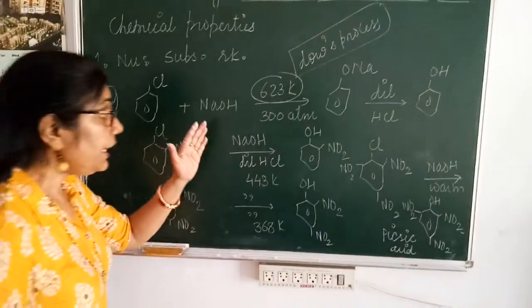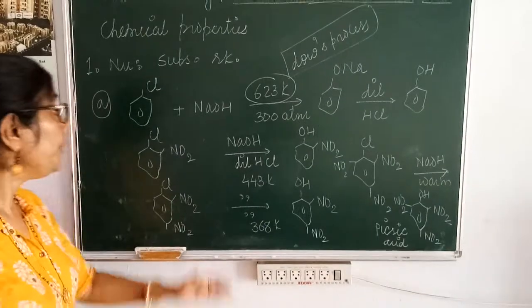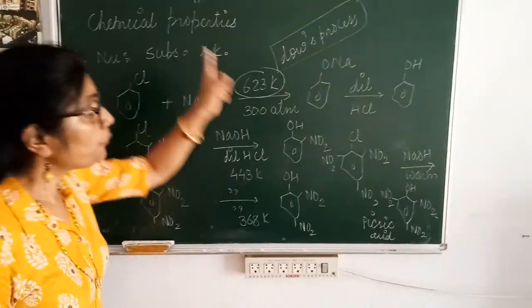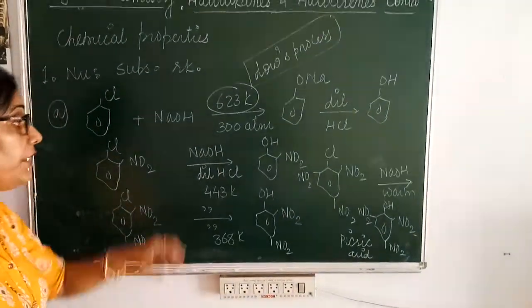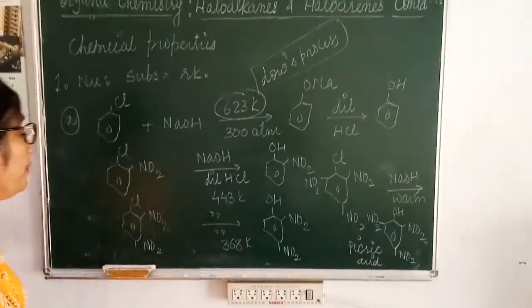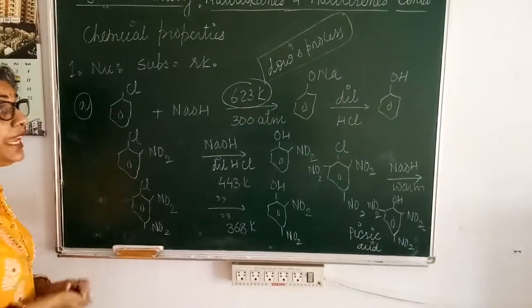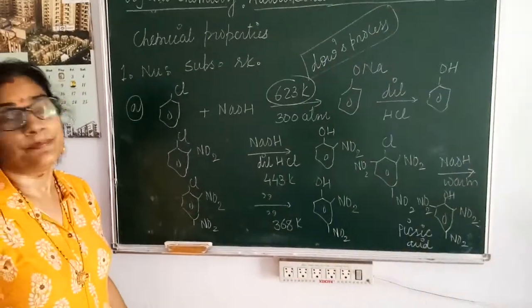So what is the effect of an electron withdrawing group in haloarenes towards nucleophilic substitution? It enhances the rate. Why does it enhance? Because it withdraws the electrons, so that the reaction gets activated.